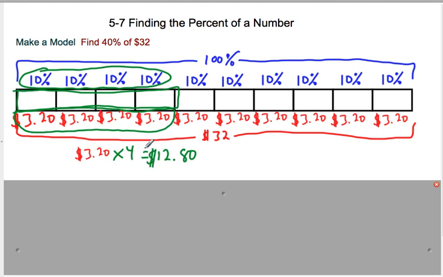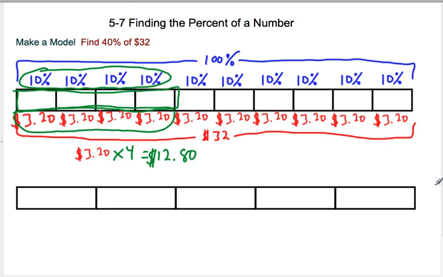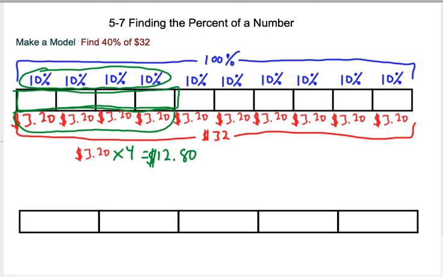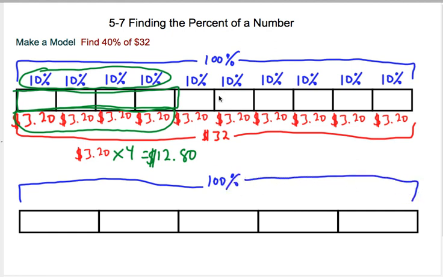So there's one way to show a model. And as you can see, I already made a different model, so you wouldn't have to divide by 10. In this case, I divided this whole amount into 5 rectangles. So in this case, again, the whole thing represents 100%. And again, this whole thing is representing $32.